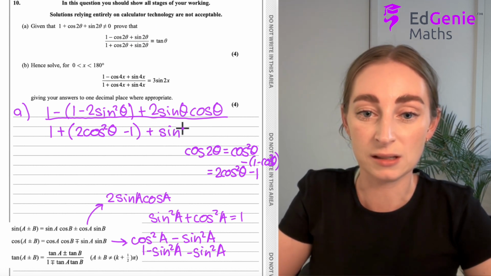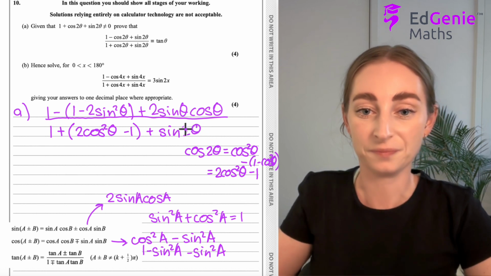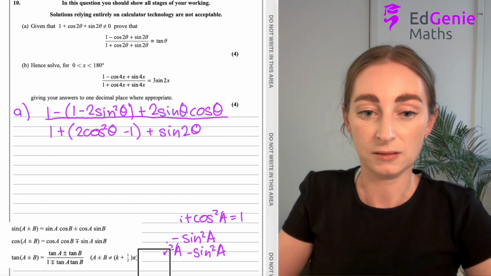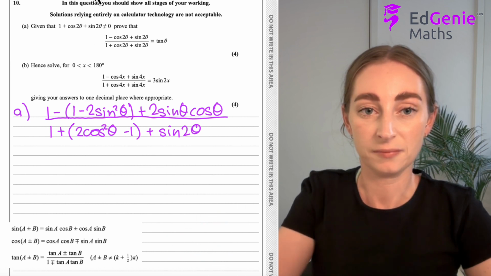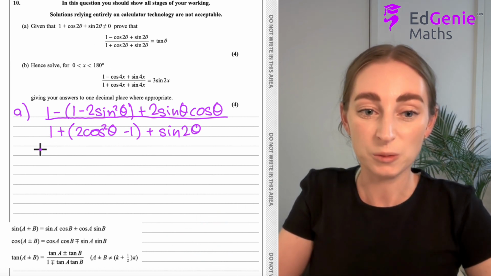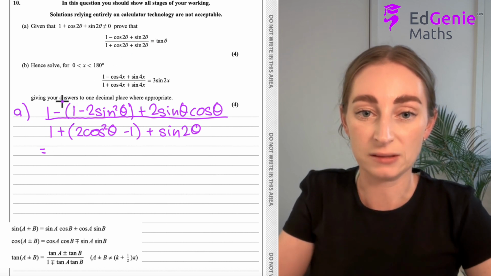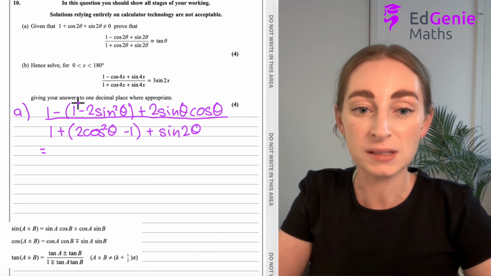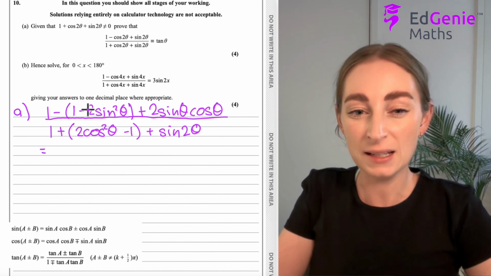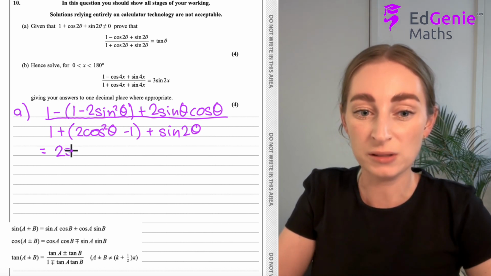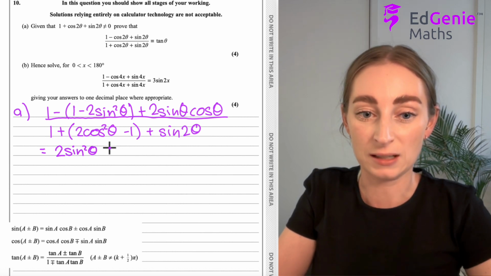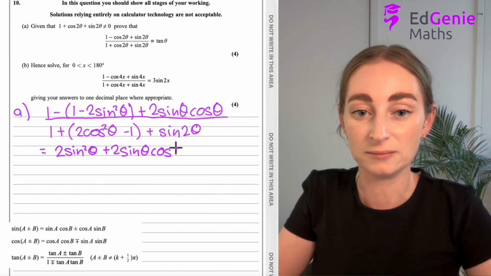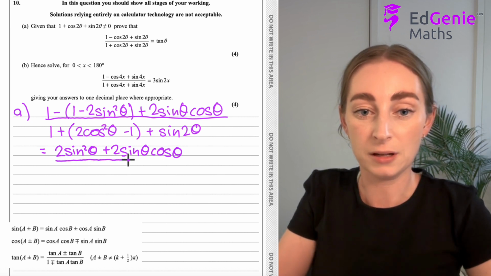So we can do sine 2 theta. Let's make a little bit more space over here. Now let's multiply this out and hopefully it's going to simplify down to tan. We can only hope. 1 minus 1, so that cancels out. We've got the negative times by this, so that's going to be positive 2 sine squared theta plus 2 sine theta cos theta, all over.